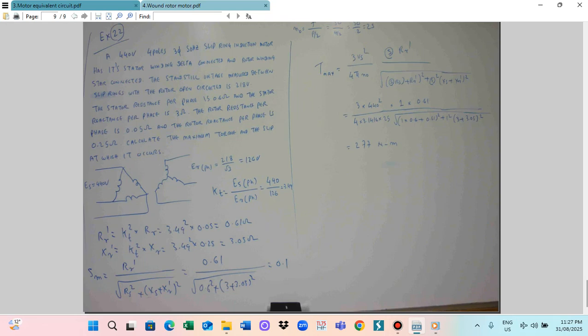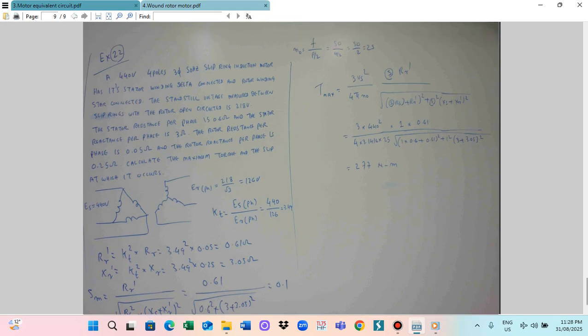And after you get the maximum slip, you can also calculate the torque. So maximum torque. The maximum torque formula we already saw. Torque maximum is 3Vs square divided by 4πn0 and the slip divided by S into R dash divided by S into Rs plus R dash square, plus S square multiplied by Xs plus Xr dash square.